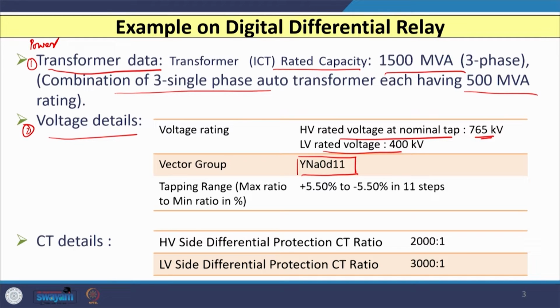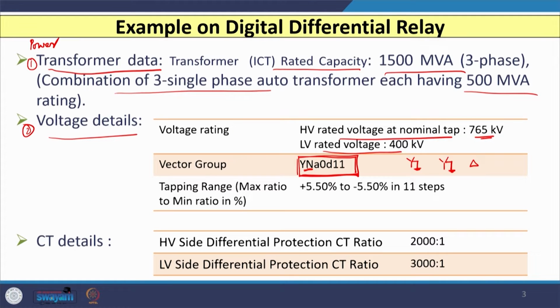So, here this ICT or auto transformer which we are considering has 3 windings. So, it is basically a 3 winding transformer. Its HV winding is star connected, LV winding is also star connected, and the third winding, which is the tertiary winding, is delta connected. So, when you enter the vector group, you can see that the neutral point of star is grounded for both HV and LV.